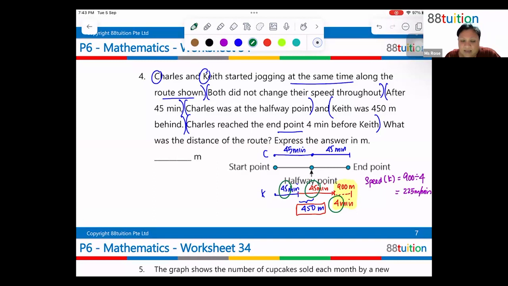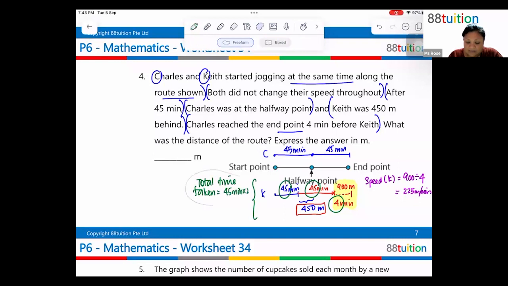So the time taken to cover from the start point to the end point, the total time taken, will be equal to 45 minutes times 2 plus 4 minutes to give me 94 minutes. Thank you, Yashika.